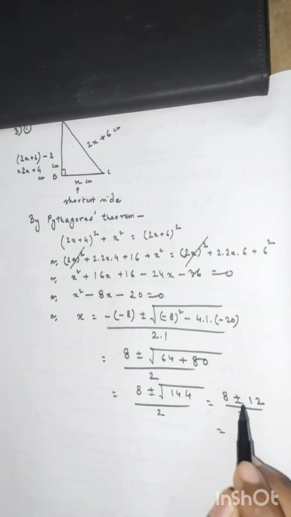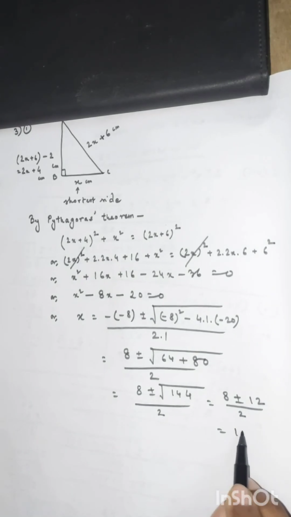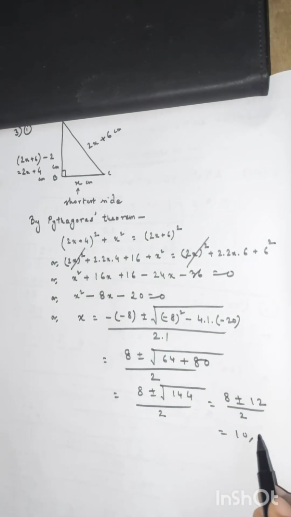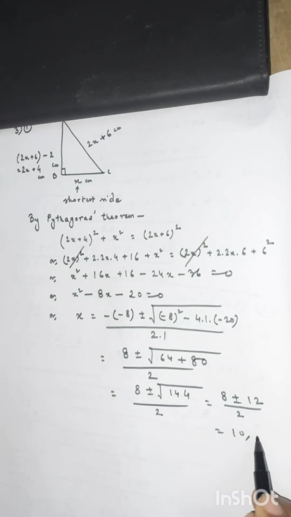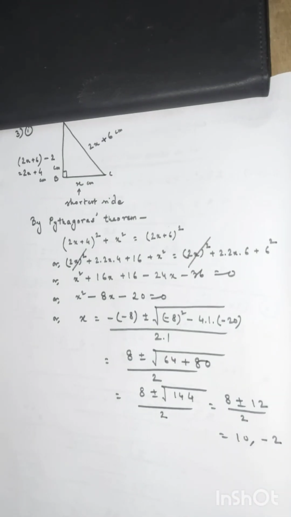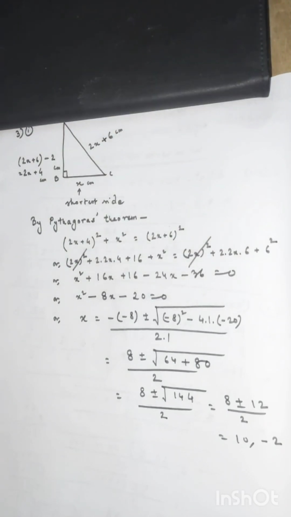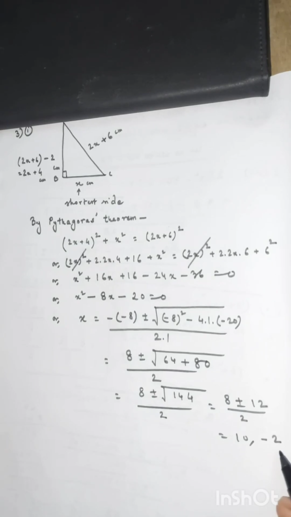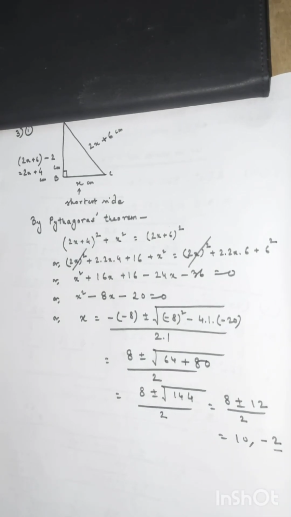So if we take plus, it becomes 20 by 2, that is 10, and if we take minus, it becomes minus 4 by 2, that is minus 2. So these are the two values of x. Then we have to find out the lengths of three sides of the right angle triangle. Okay, so minus 2 cannot be the length of a side, so we have to take x equal to 10.